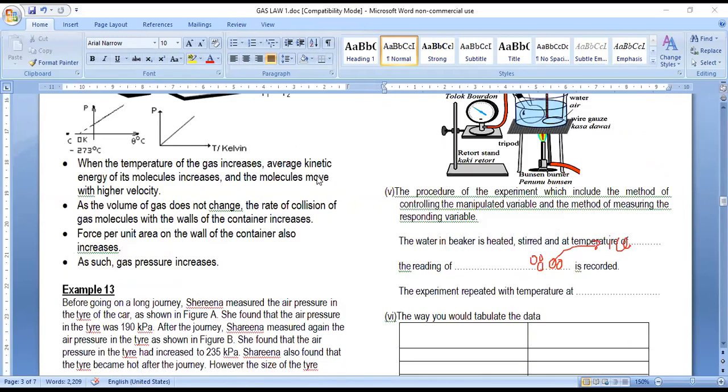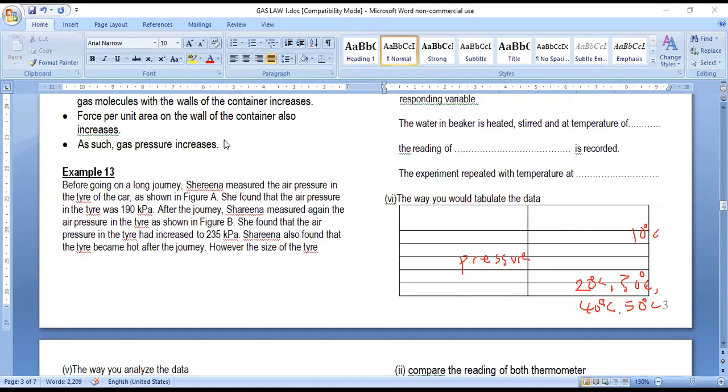So the water in the beaker is heated and stirred until the temperature is, let's say, 10 degrees Celsius. The reading of pressure on the Bourdon gauge is recorded. The experiment is repeated with the temperature at 20, 30, 40, and 50 degrees Celsius.